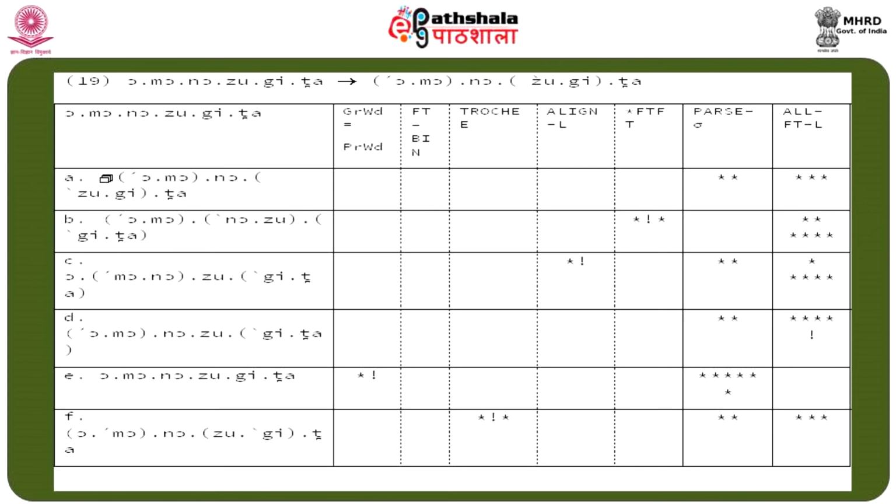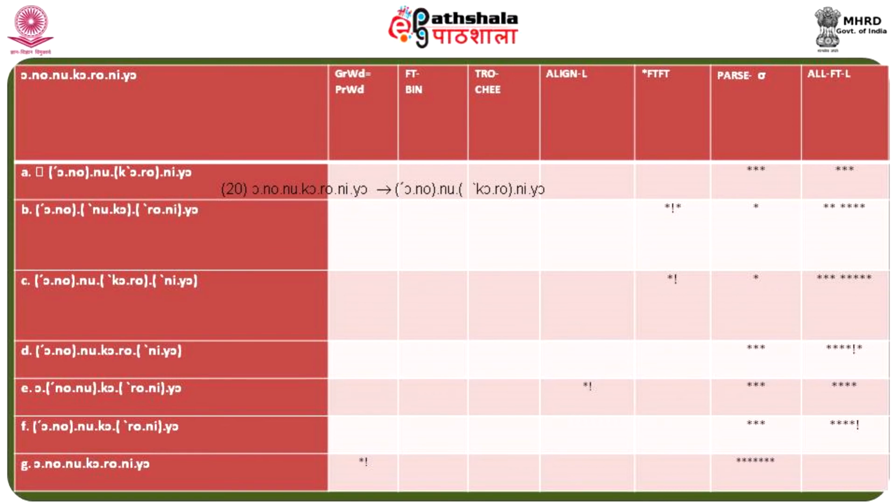Now a solution to this problem necessitates invocation of another alignment constraint stated below. All foot X, that is all foot either on the left or on the right. The edge X of every foot coincides with the X edge of some prosodic word.